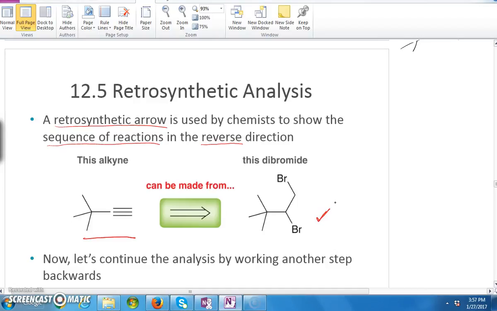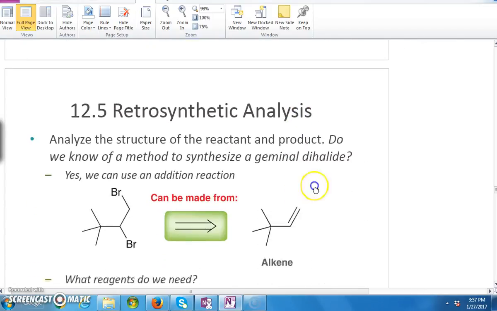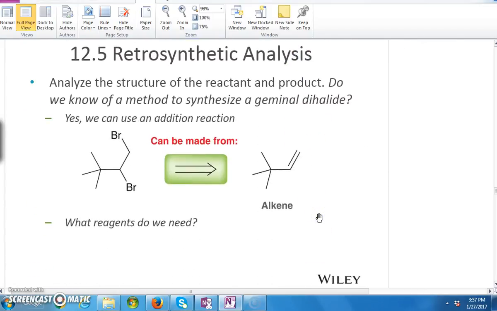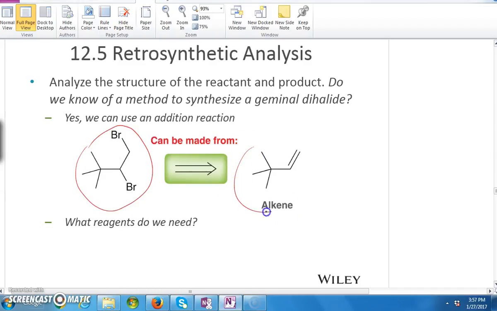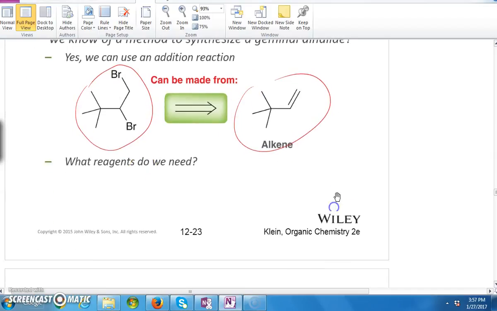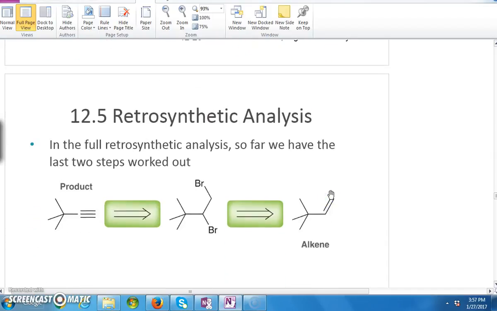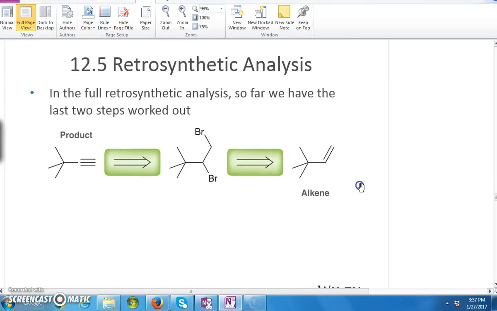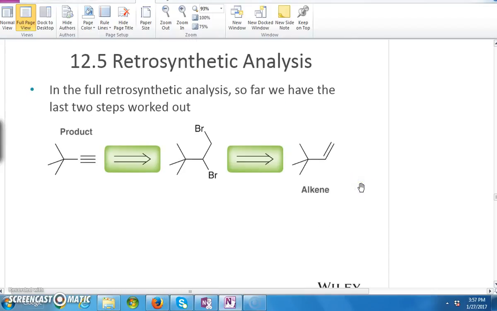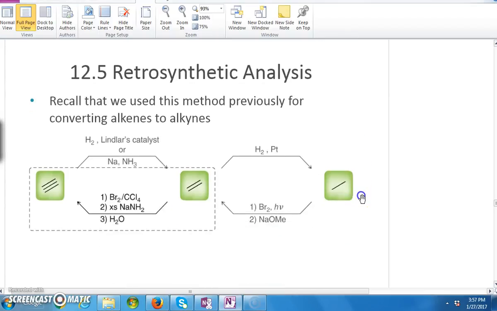We're working backwards, and then we know that the vicinal dibromide can be made from the alkene. And the alkene, like I told you earlier, you can make from an elimination of a first degree alcohol. You can do that.